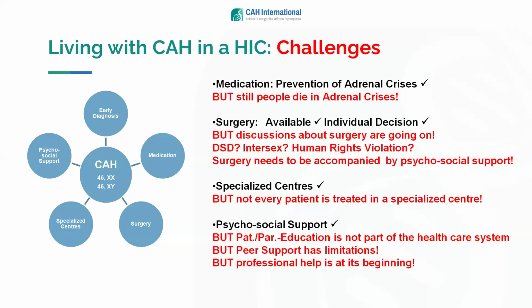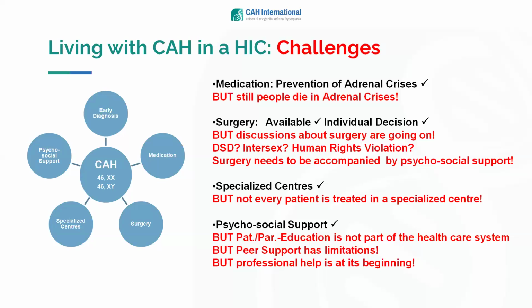They don't get the emergency kits prescribed. So we work very much on this. And also paramedics, and in some hospitals, the doctors do not know enough about adrenal crisis. So still in our countries, children or adults die in adrenal crisis.